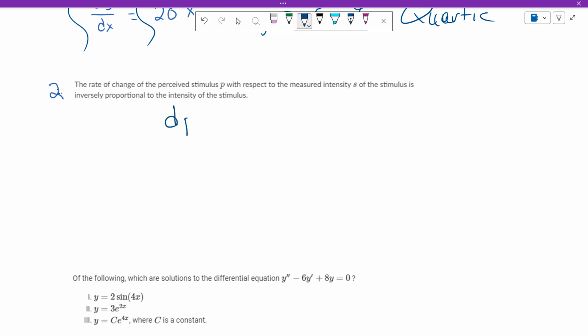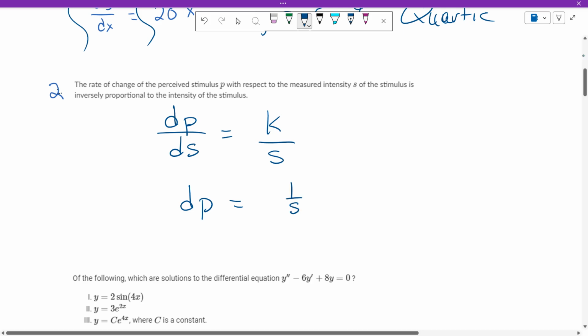So dP/dS equals K over S. So dP equals K times 1 over S dS, correct?